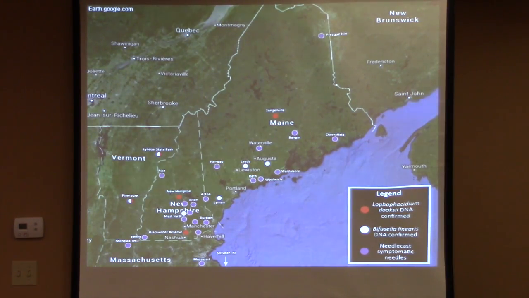So what we try to do is scrape off the fruiting body, but that also allows us to get some endophytes into the DNA mixtures and kind of complicates our results. So the red is DNA confirmed Lophophacidium, the white is Bifusella linearis confirmed, and the purple is just symptomatic needles that could be either Lophophacidium dooksii or Bifusella linearis awaiting DNA confirmation.